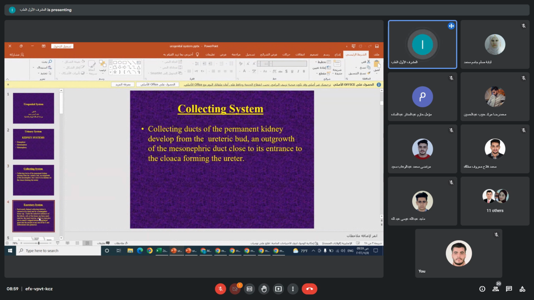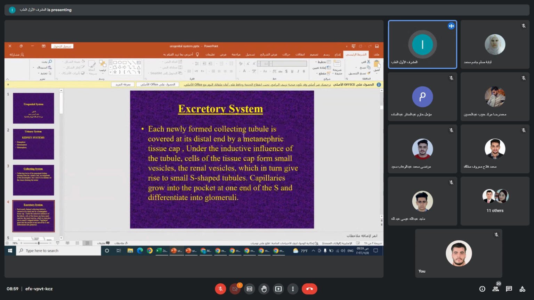While for the excretory part, we said that the collecting duct will get some metanephric tissue and will form a small vesicle, called S-shaped tubule formation. The capillaries grow into the bucket at one end and form the glomeruli, because it is the definitive kidney.